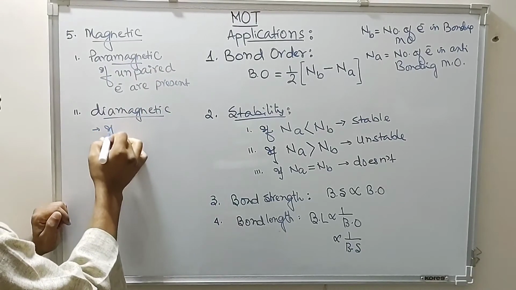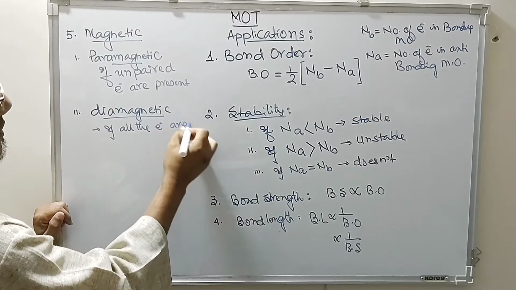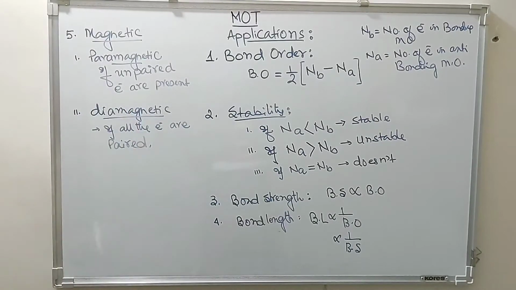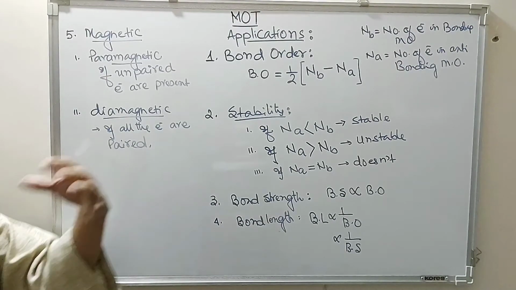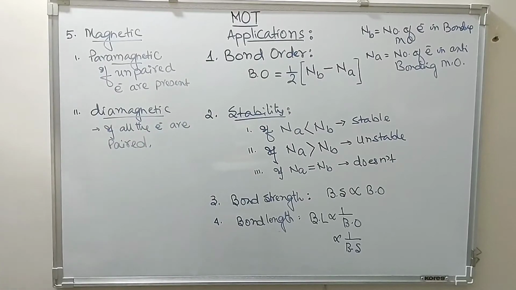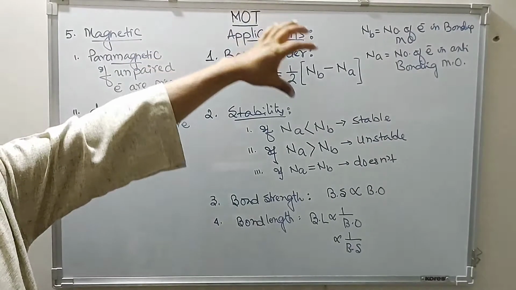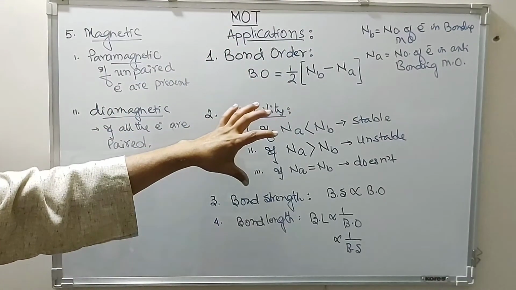Diamagnetic if all the electrons are paired up, or if there is no unpaired electron. If there is no unpaired electron, the substance is known as diamagnetic, and it will be repelled by an external magnetic field. So by use of MOT, molecular orbital theory, we can find these parameters.